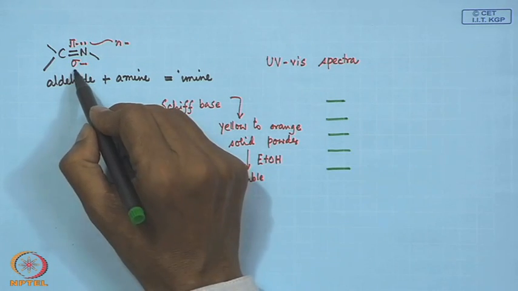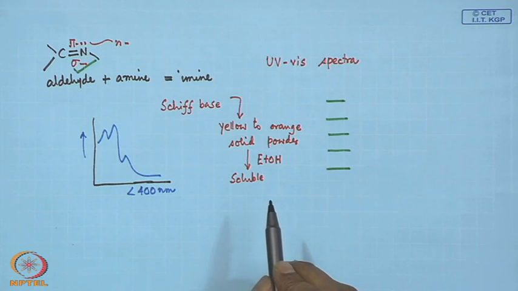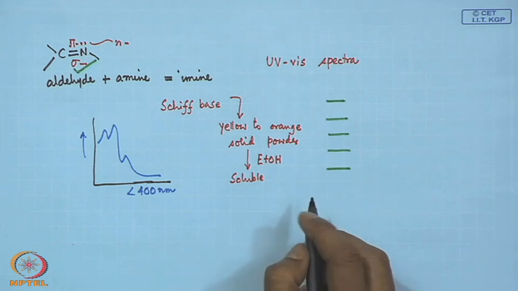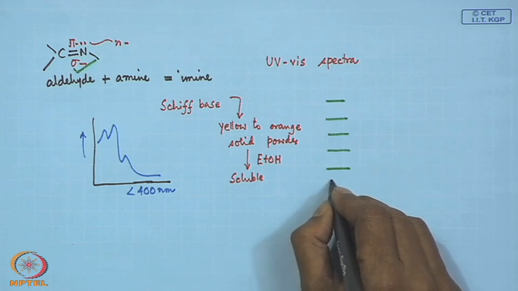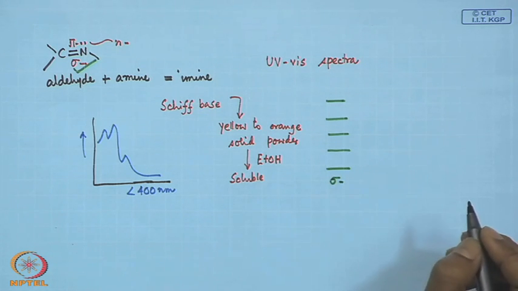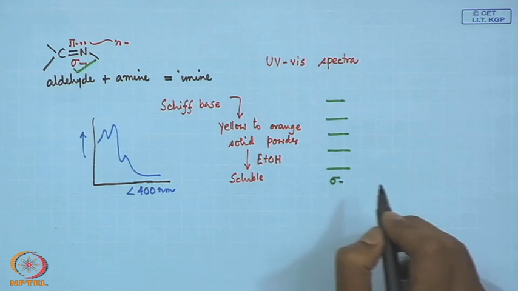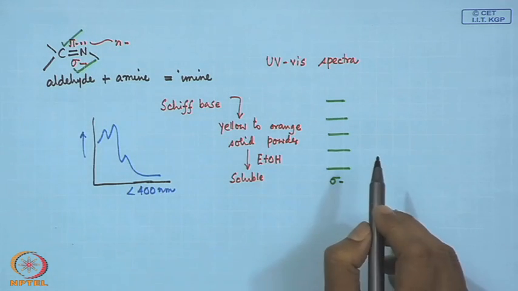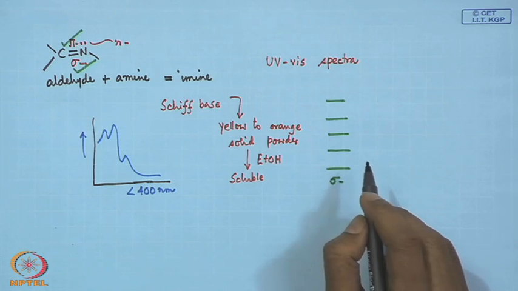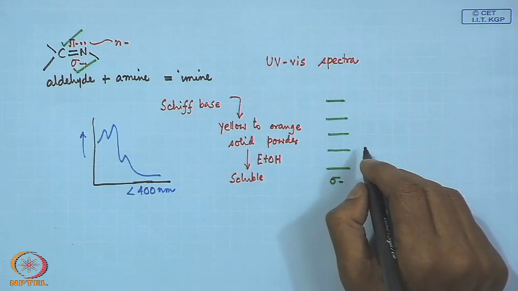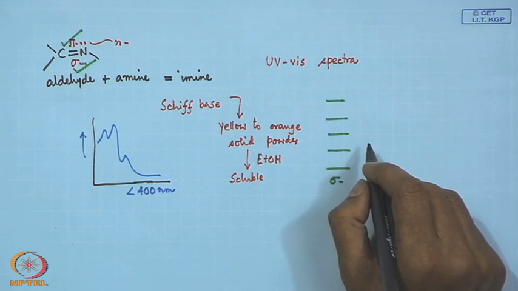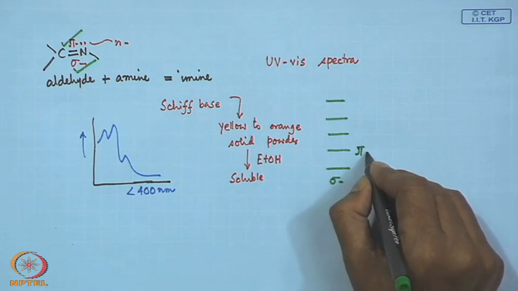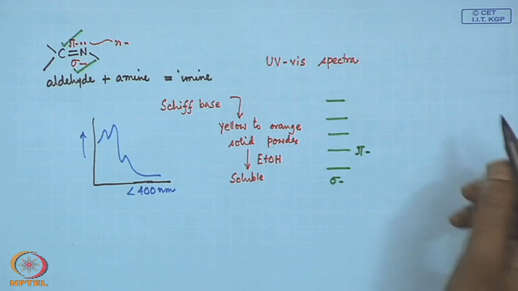So, when we have these sigma bonding interactions for these atomic orbitals of the carbon atom and the nitrogen atom, we have the corresponding sigma bonding level with those electrons which are occupying in the sigma level. Then we have the corresponding pi electrons for a little bit weaker interactions between the corresponding pi symmetric orbitals available from carbon side as well as from the nitrogen side, giving rise to the corresponding pi level.